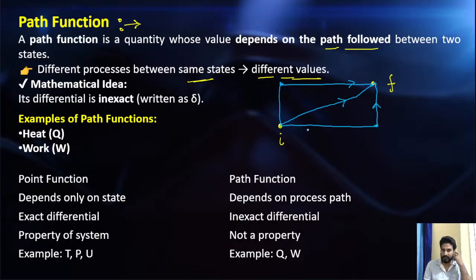So tell me one thing, do you think the work done in all these three processes is the same? This is process 1, this is process 2, and this is process 3. So think about the work. Work is nothing but force into displacement, the simple formula for the work done.